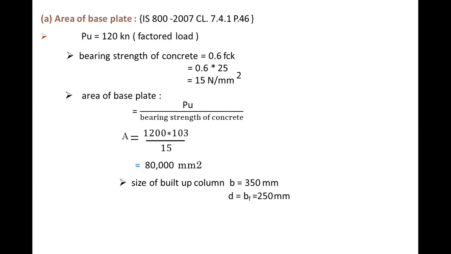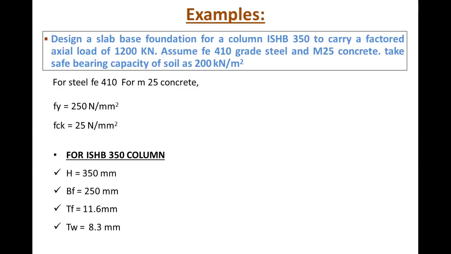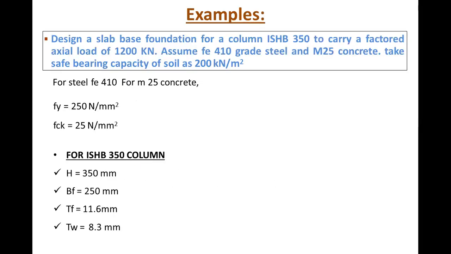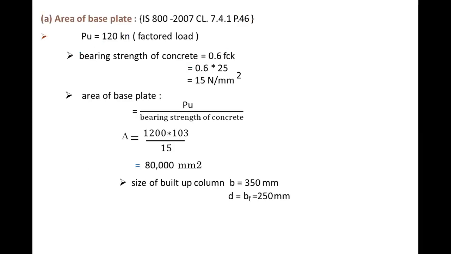Here our factored load is given, sorry, there is a mistake, 1200 kilonewton, which will be considered as Pu.